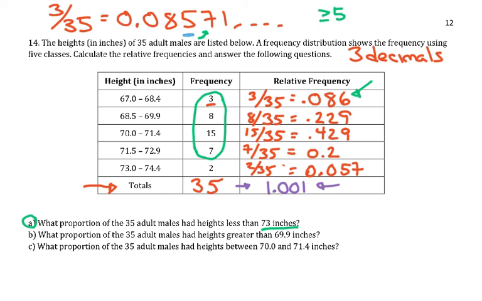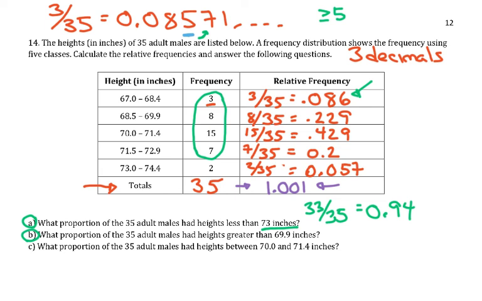So I'm going to say this is 3 plus 8 plus 15 plus 7, 33 over 35. And see what that is. I get 0.94. Got to round to 2 decimal places.